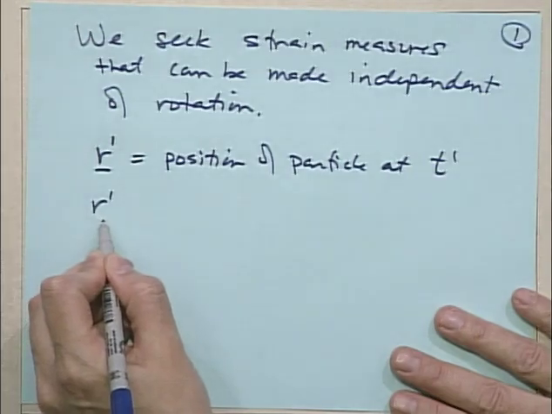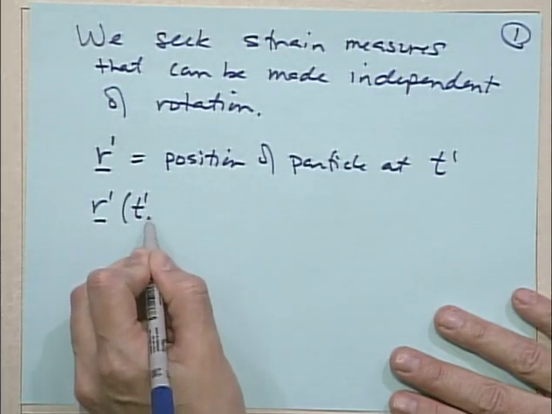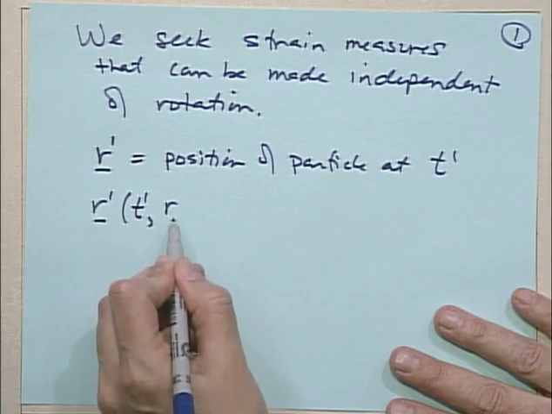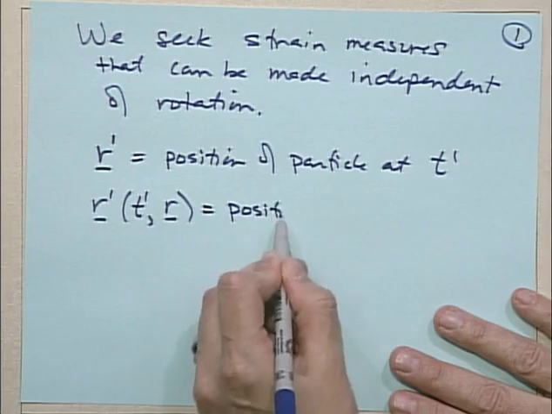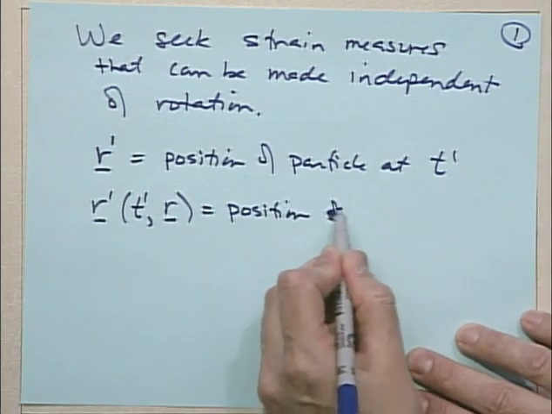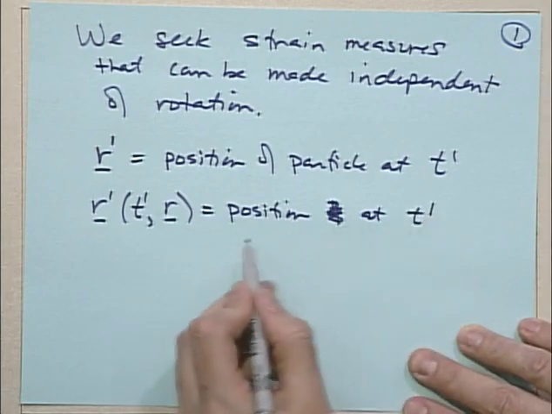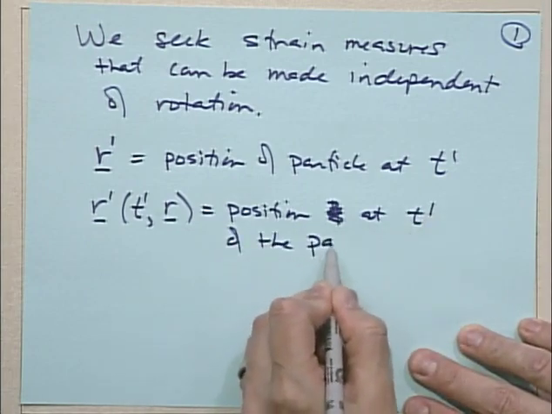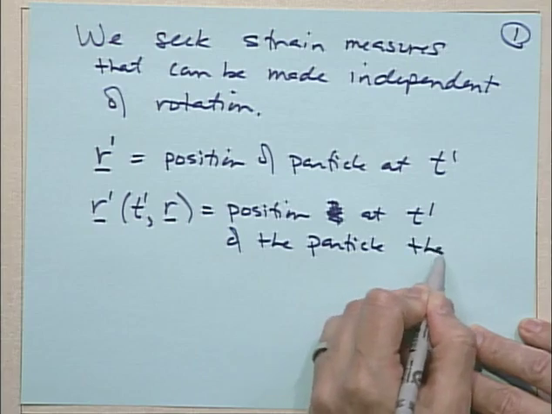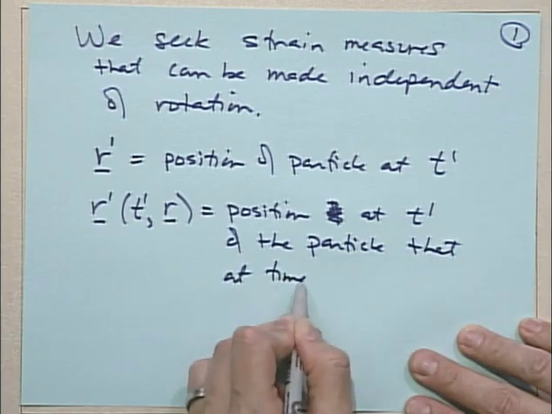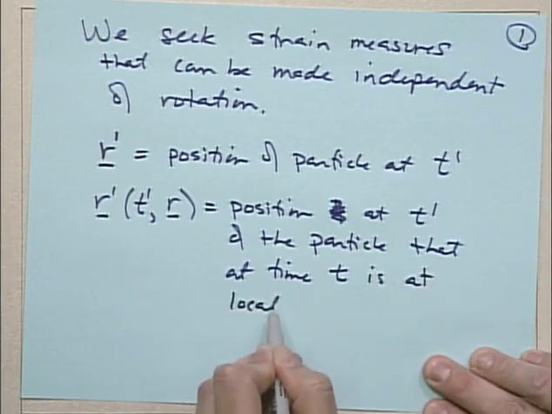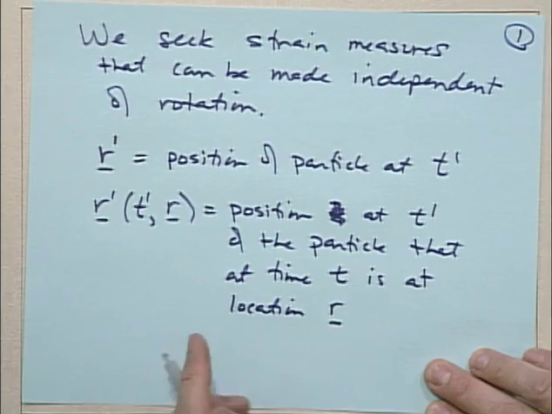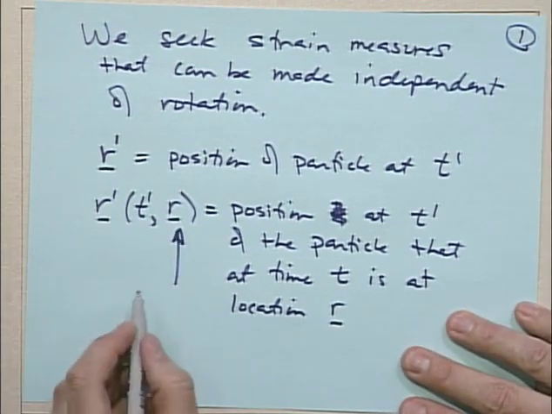And the way we do that is we say that R prime is the position at time t prime of the particle that's in the location R at time t. So this R is the particle identifier.